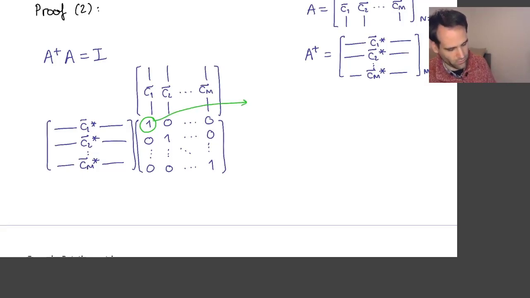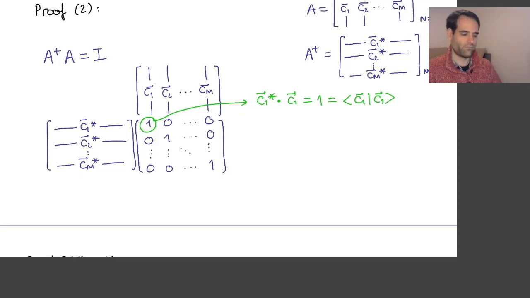It's the dot product of the corresponding row with the corresponding column. So it's C1 conjugate dot C1, and we know that this is equal to 1 because that's the result that we get. But C1 conjugate dot C1 is the same as the inner product between C1 and C1, and that is equal to 1.